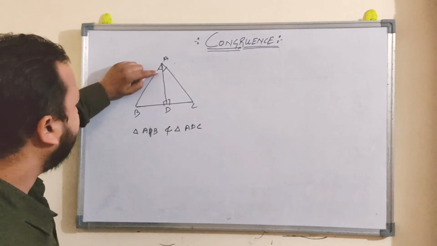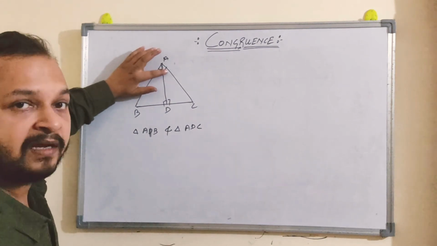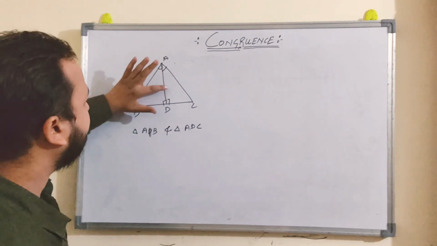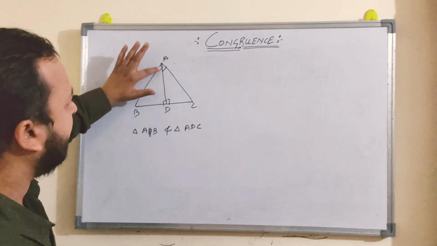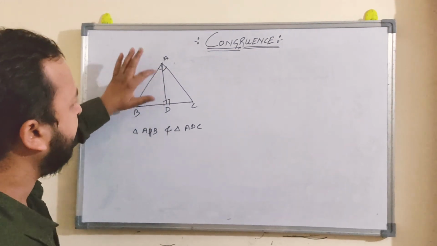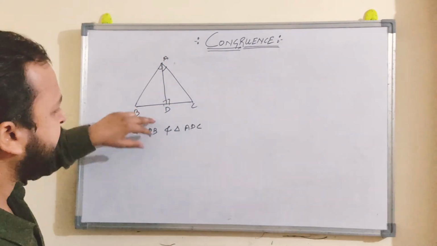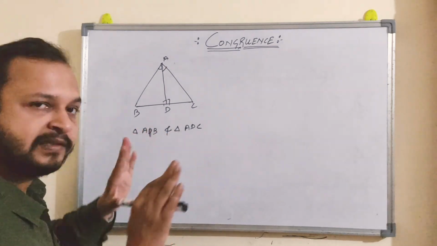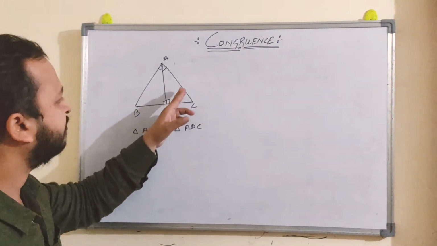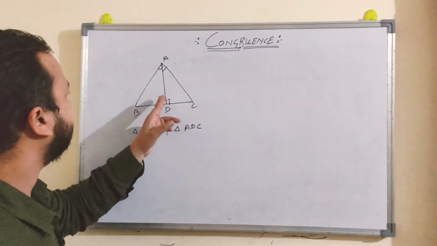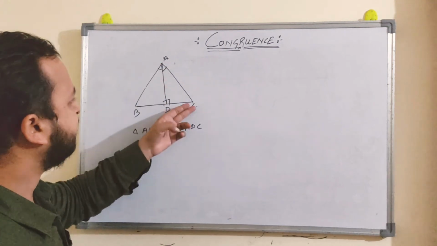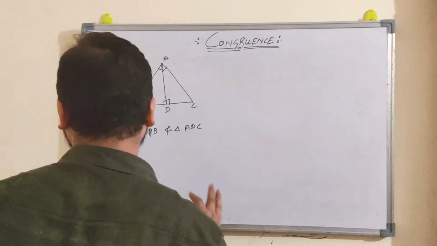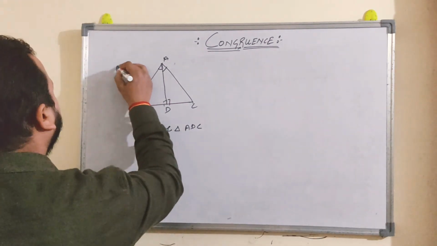So this angle is equal to this angle, right? These two angles are 90, so they are equal, and this side is common. So angle side angle, by ASA property you can say that these two triangles are congruent. If they are congruent, all the other things are equal. So it means BD is equal to DC. It means this side AB is equal to this side. These two angles, they all are equal. So by this way you can prove it.